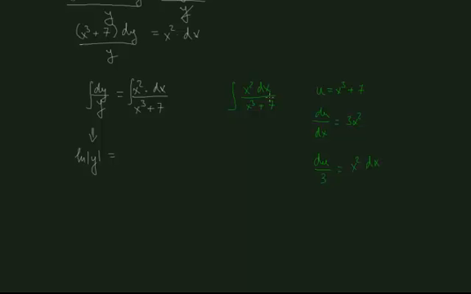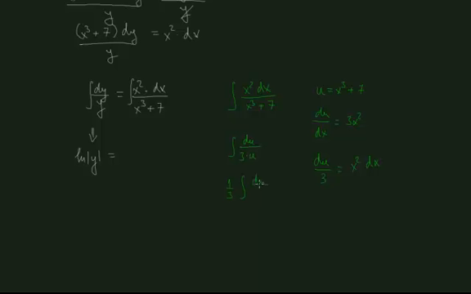And from here we can integrate this. So x squared dx now equals du over 3, so we will use du over 3. And x cubed plus 7 is u, so this is the integral of du over 3u, and 3 is just a constant number, so we can pull out 1/3 in front of the integral.